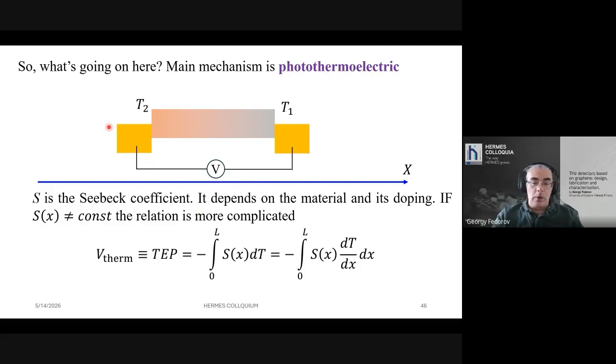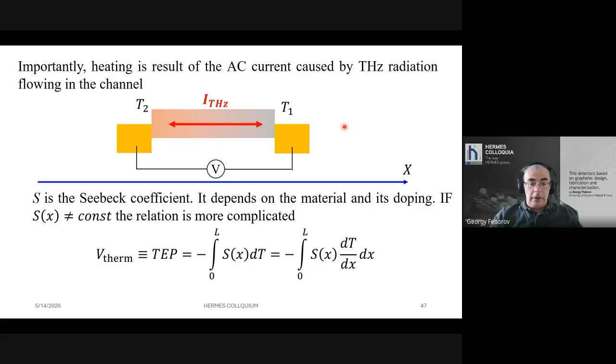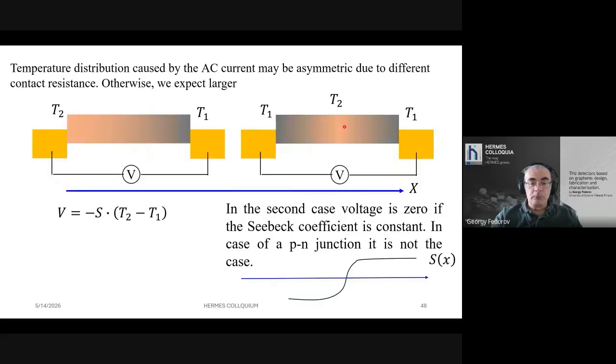This is a very well-known effect. And it occurs on the microscale in many devices that are used to detect terahertz radiation. Again, with Joule heating, the distribution of temperature is defined by the properties of the channel and the current that dissipates energy inside this channel.